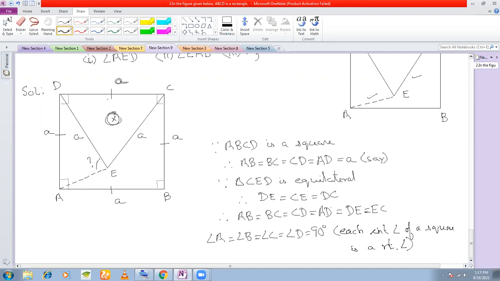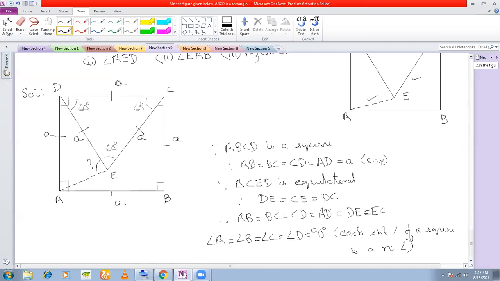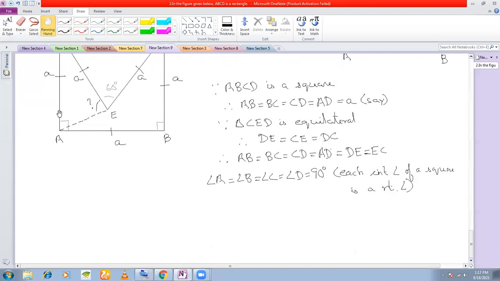Right? Now, since this triangle is equilateral, each of these angles will be 60 degree. So this angle will be 60 degree. This angle will be 60 degree. And this angle will be 60 degree. You agree? And we have already shown that all these sides are also equal, right? So all these six sides are equal. So each of these angles will be 60 degree.